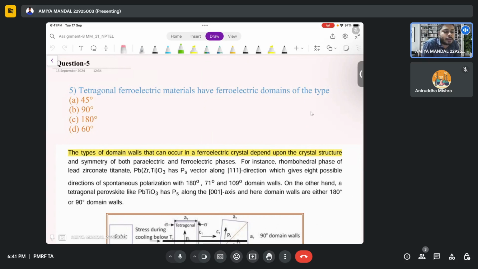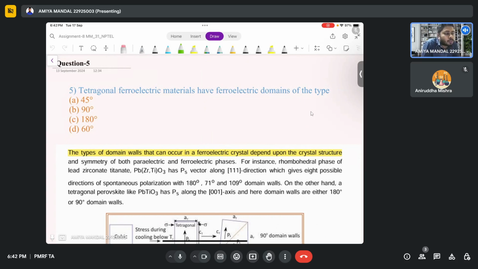One is 90-degree formation, where side by side domains are arranged in a 90-degree direction of the dipoles.